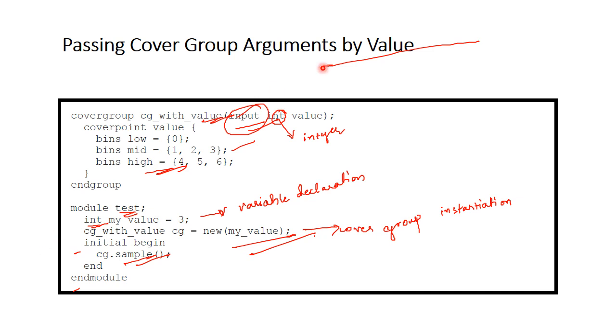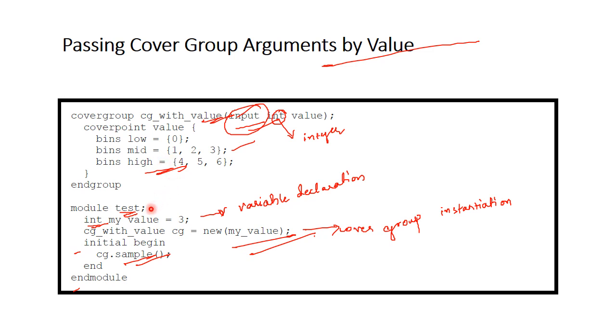So here you can see this is taken as an integer. Input is the keyword you use to pass the arguments by value. The cover group is going to have the cover point with bins to track the specific ranges of those input values. So here you can see bins low, mid as well as high.